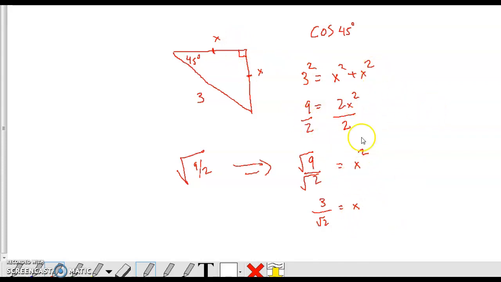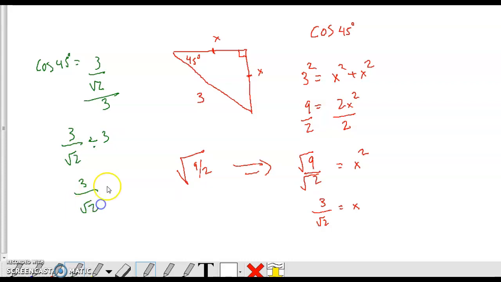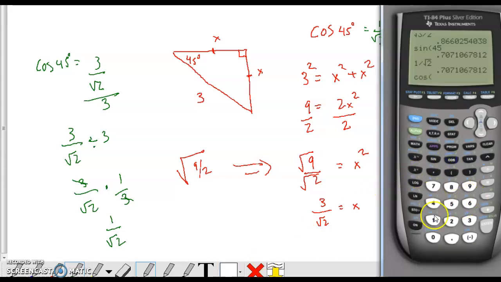So if I go cosine of 45 degrees, it would be adjacent over hypotenuse, so 3 over 3 root 2, a fraction within a fraction, so let's rewrite it like this, right? And then divide by 3 root 2, which is the same thing as multiplying by the reciprocal. Notice that the 3's are going to cancel out, leaving you with a 1 over root 2, which, if we plug it into our calculator, cosine of 45 degrees is 1 over root 2.